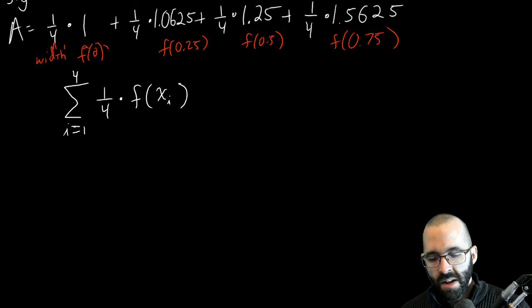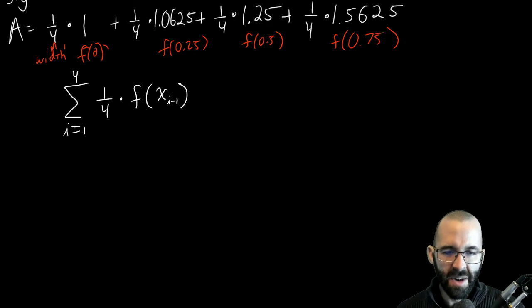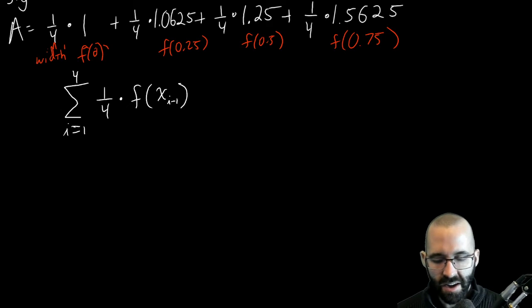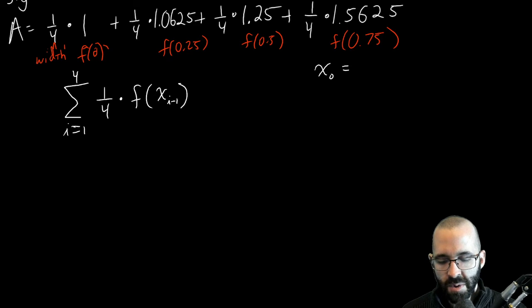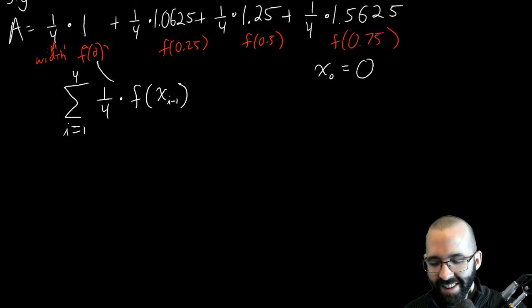Okay. So if the first one is 0, actually it's a little easier if you use i minus 1, but it doesn't really matter. You can do either one. Right, x sub 0, when i equals 1, needs to be 0.